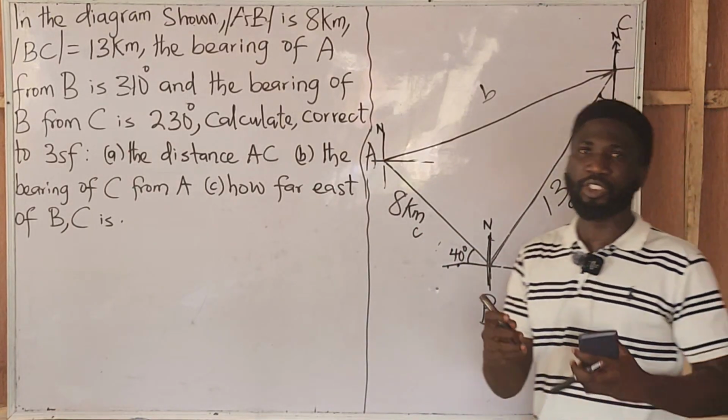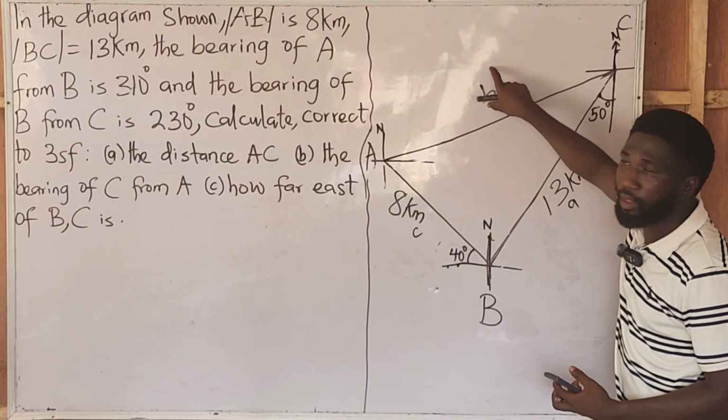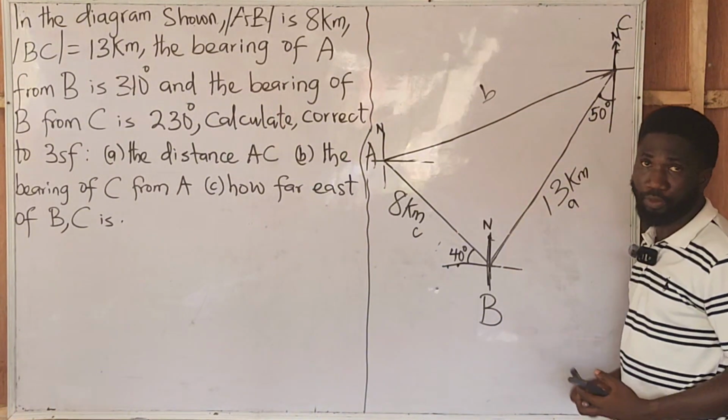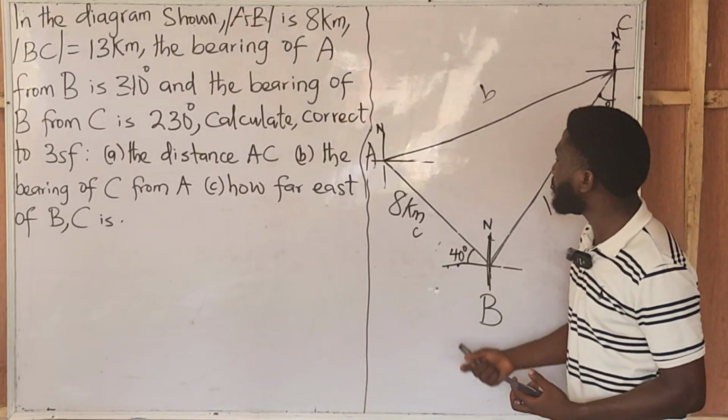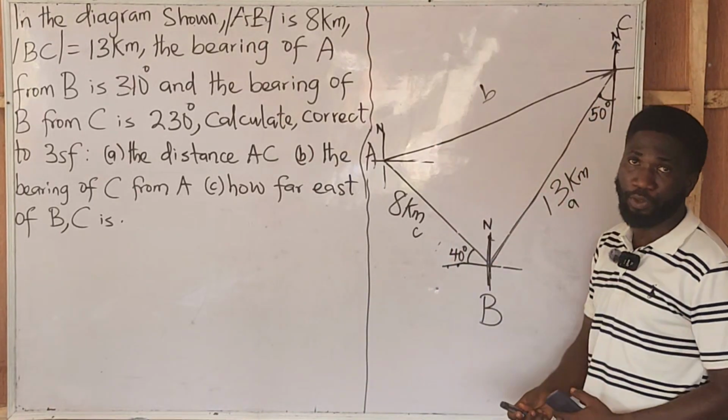Here is something you need to take note of. If you are looking for side B, angle B must be known. If you are looking for side A, then angle A must be known. This is what I mean.